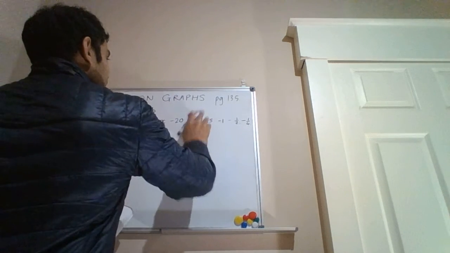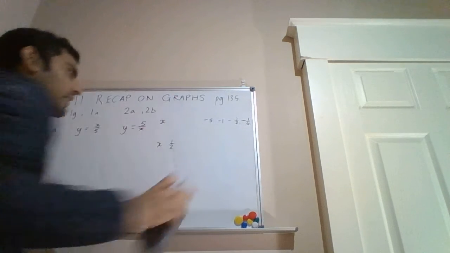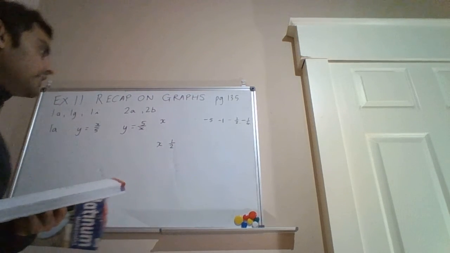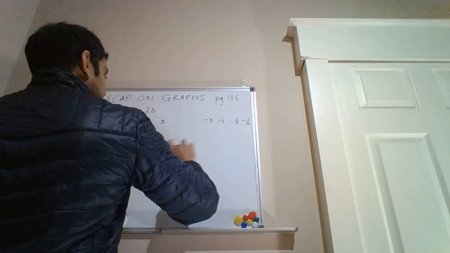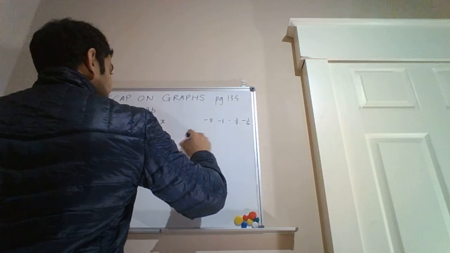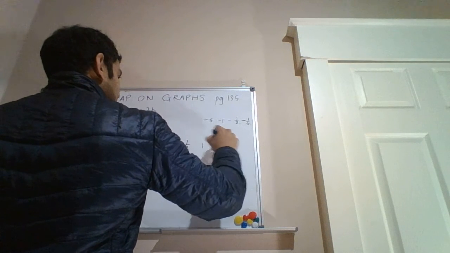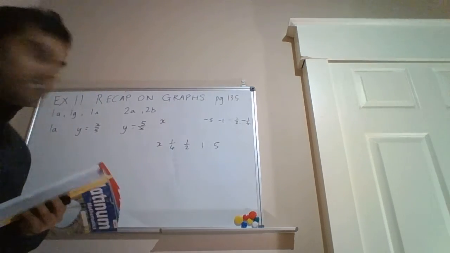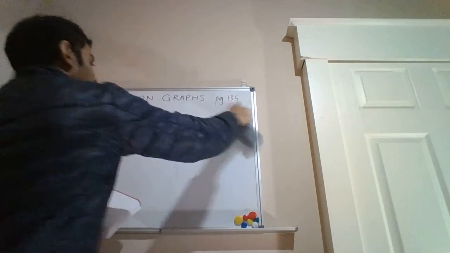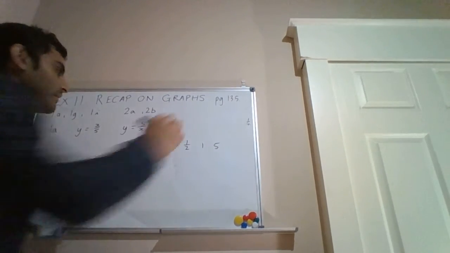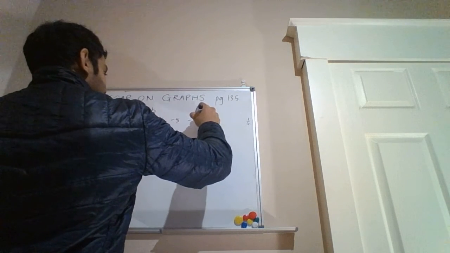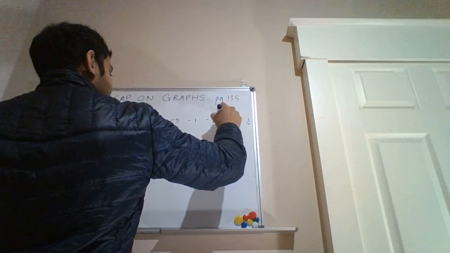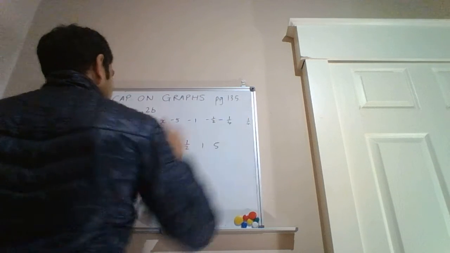I think I'll just restrict it to these, and then mirror it with my positive values. So I'll choose a quarter, half, 1, and 5. Minus 5, minus 1, minus a half, minus a quarter.